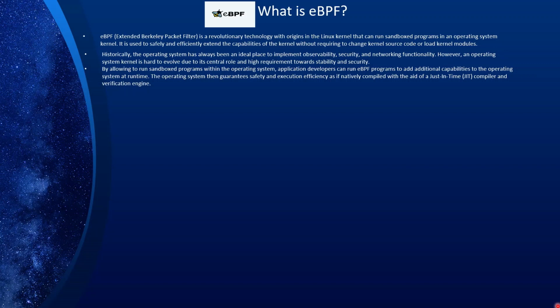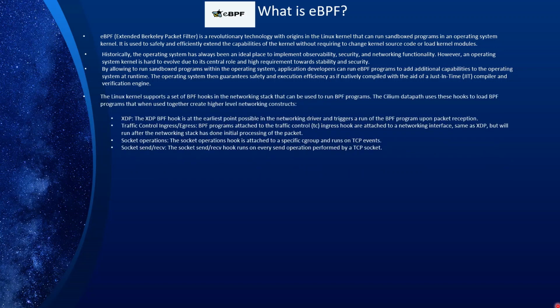So once we do that, the operating system then guarantees safety and execution efficiency as if natively compiled, with the aid of a JIT, or just-in-time compiler, and verification engine. We'll go through the process of how applications are created or added to the operating system a little bit later, but this is just an overview of what happens.